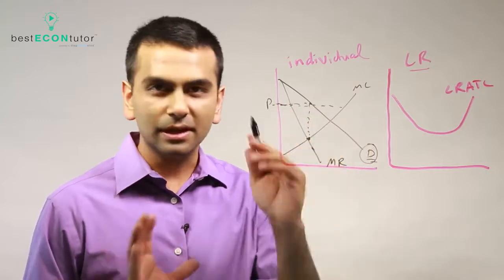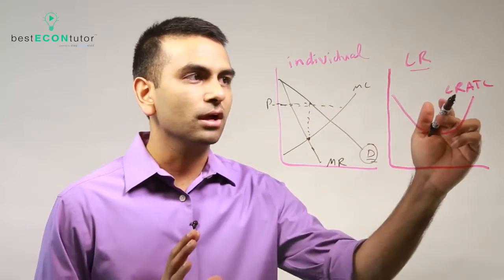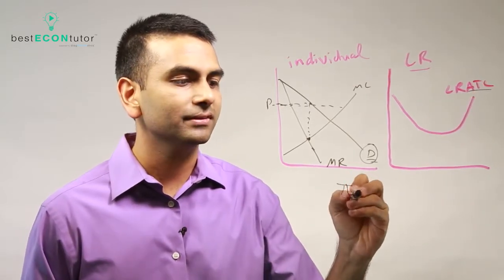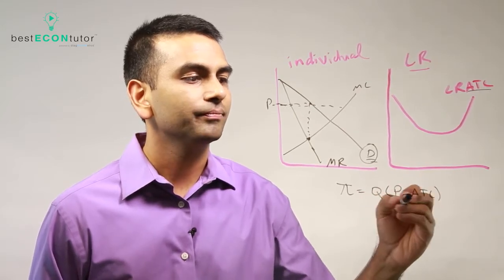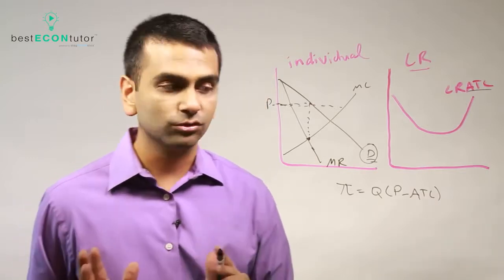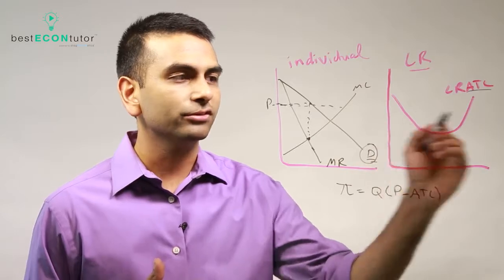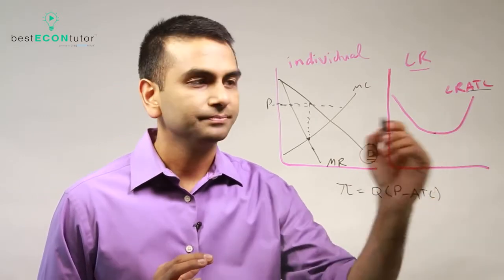Now, to think about what happens in the long run, you have to look at the long run average total cost curve, because remember, the formula for profits is quantity times (P minus ATC). So if you recall, with perfect competition, the demand for an individual firm was always horizontal.